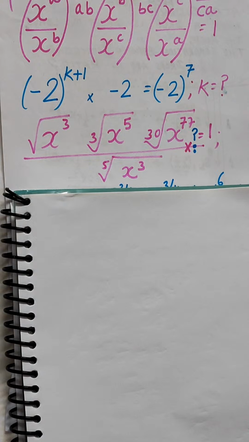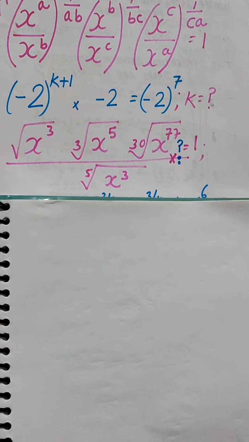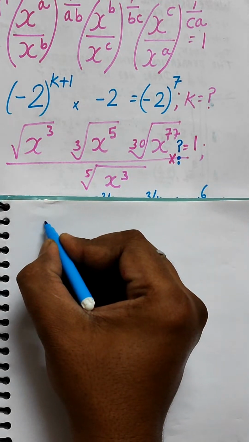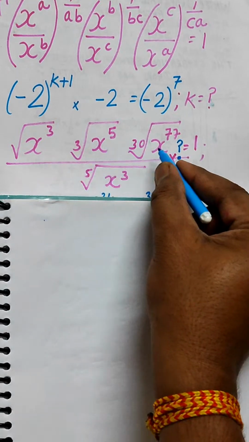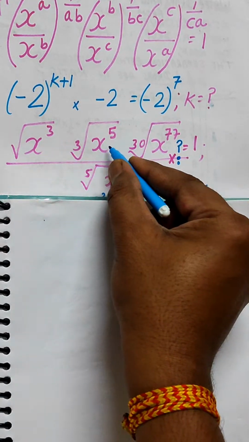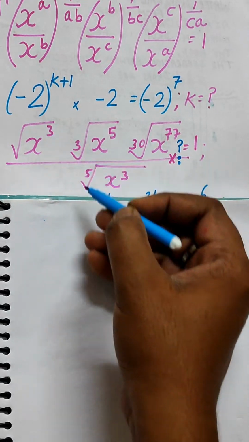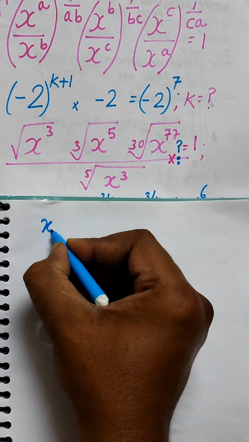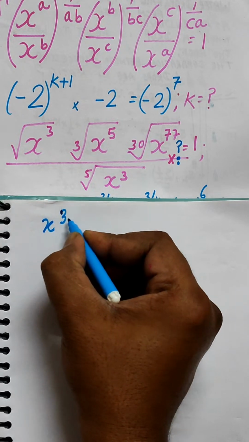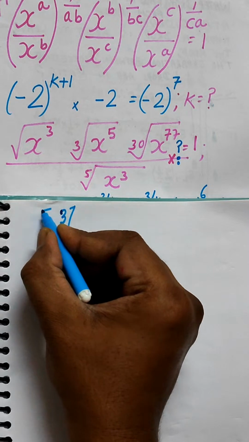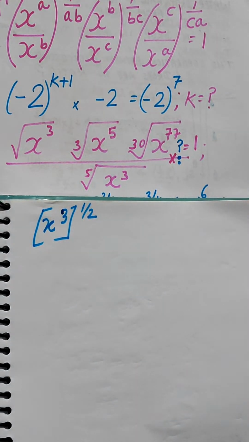To solve it, what will we be doing? Just write it. You can see all the bases are the same, x everywhere. So root of x cubed can be written as x power 3, and this root can be removed by putting 1 by 2 into the exponent, isn't it?